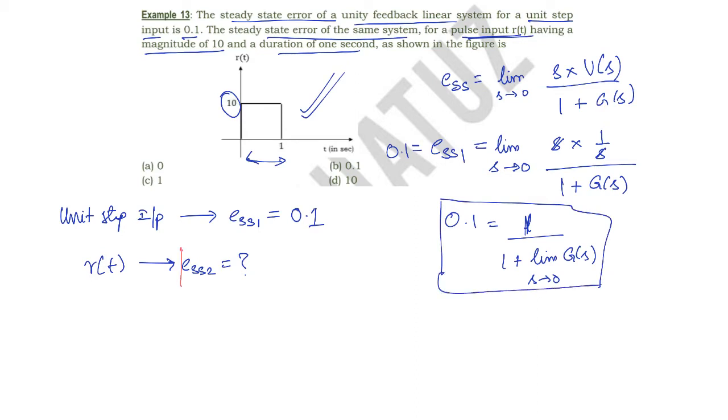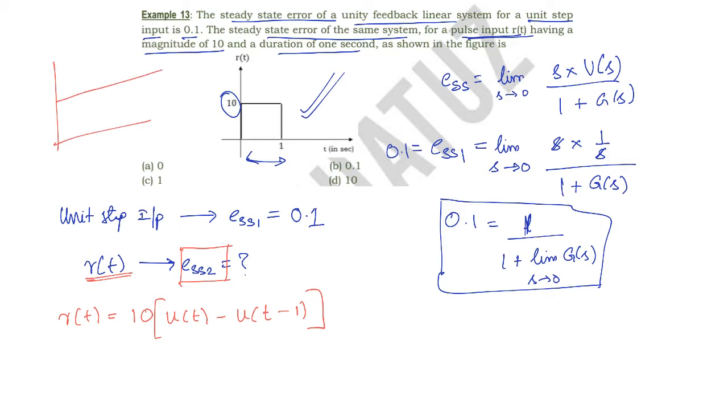Now we will find ESS2, the steady state error for pulse input r of t. We can write r of t as 10 into u of t minus u of t minus 1. Why is this?